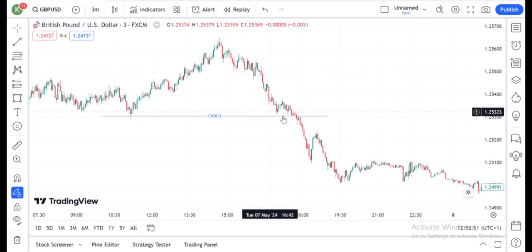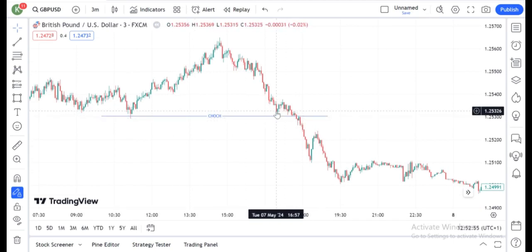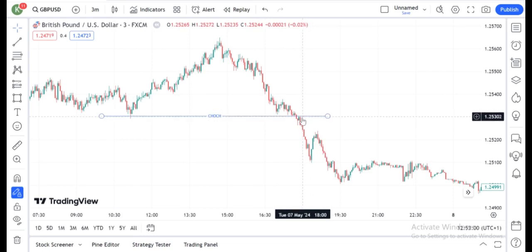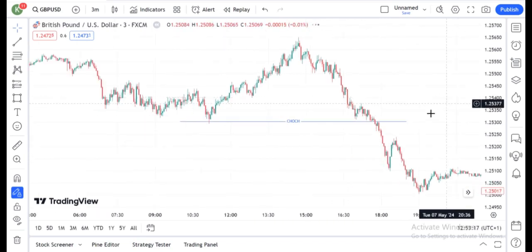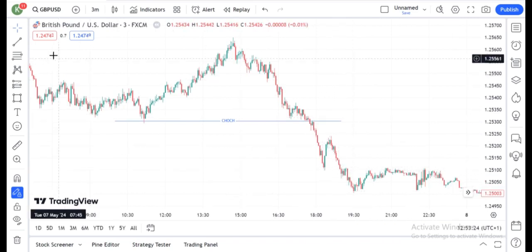You find out that after it took out this previous low, confirming the change of character, it gave a new low, right? It gave a new low here, and price came to a POI, which is around here, before it descended down. So this is like another break of structure.